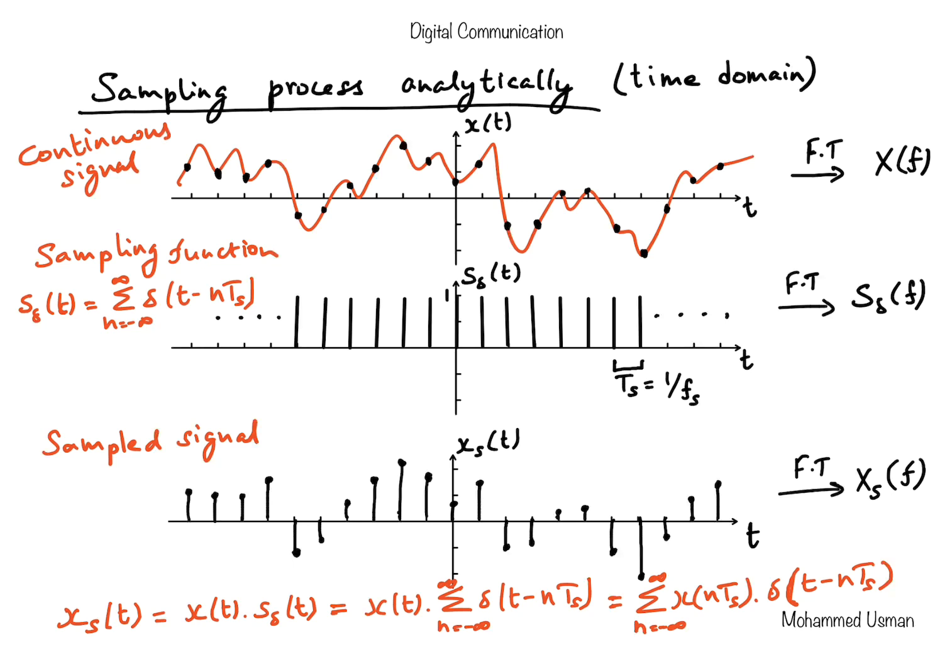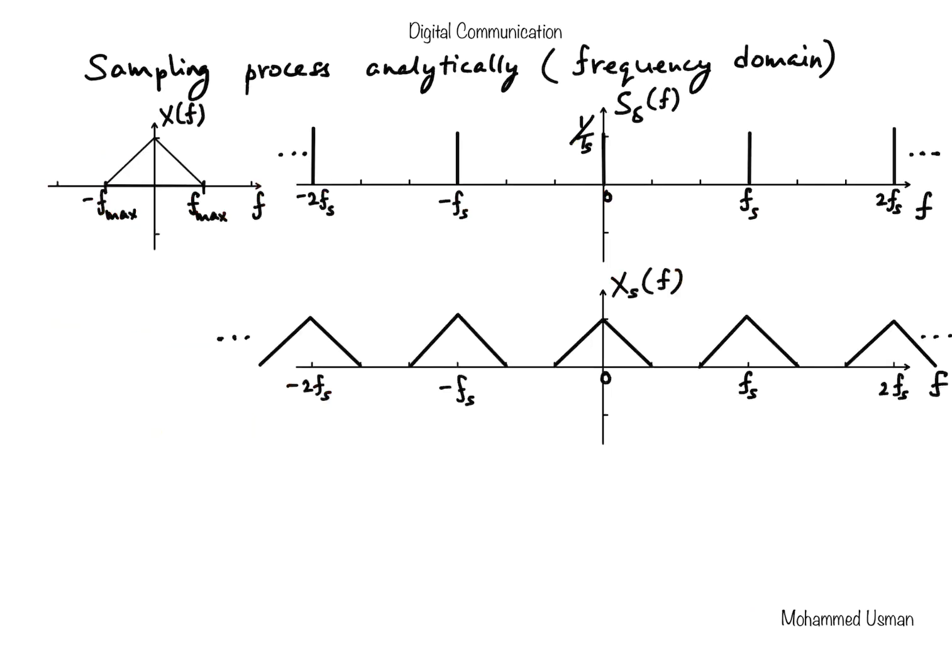So that means in the frequency domain, if we convolve X of f with S delta of f, that should give us the spectrum of the sample signal X_s of f. So we will use this idea to represent the process of sampling analytically in the frequency domain without going into the actual Fourier transformation of the signals x of t and s delta of t and so on. So let's look at that process in the frequency domain now.